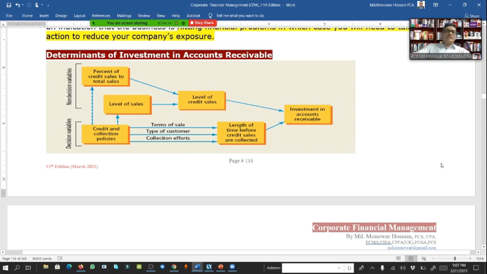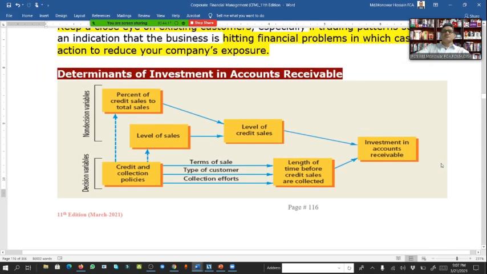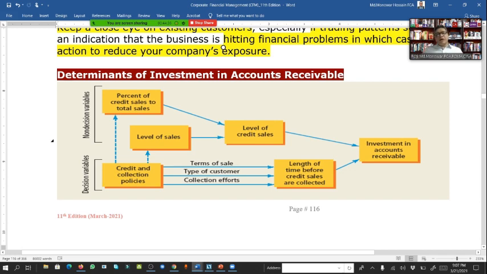Now, how much money will you invest in your accounts receivable, because accounts receivable is also a part of working capital. Here, the percent of credit sales to total sales matters. If this is bigger, the credit and collection period and the level of credit sales determine the investment in accounts receivable, that is the money involved. Credit terms include the terms of sale, types of customers, collection effort, etc., and the length of time before credit sales are collected.